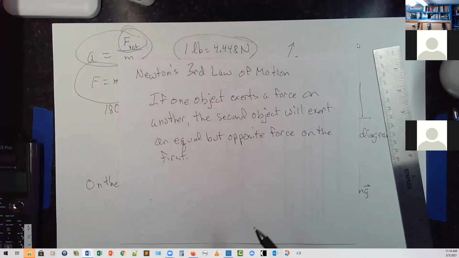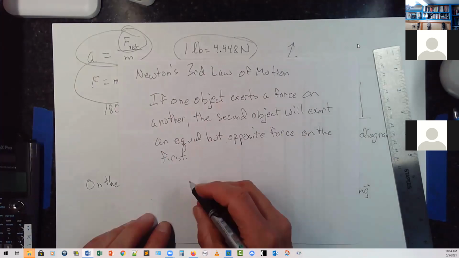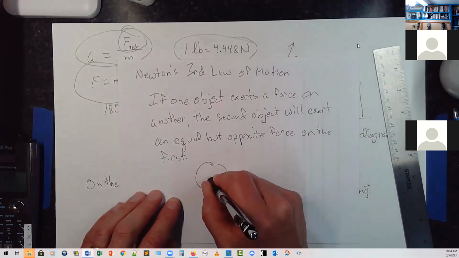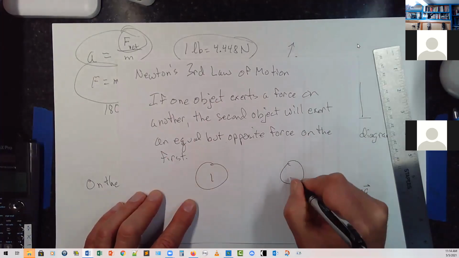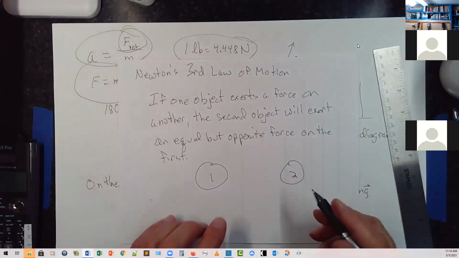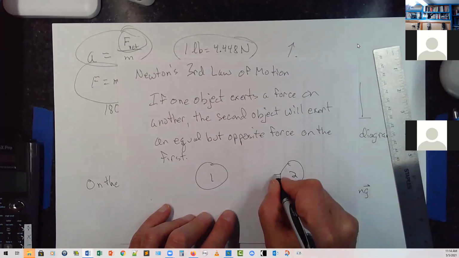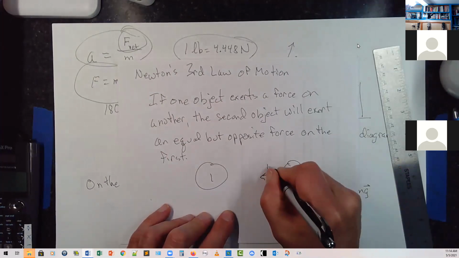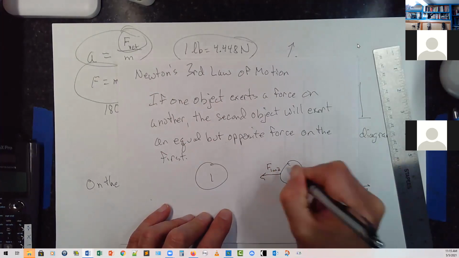Now, those pairs of forces happen to be acting on different objects. So if we let this be object 1 and this be object 2, they don't have to be the same size or anything, but this is the force of 1 on 2.